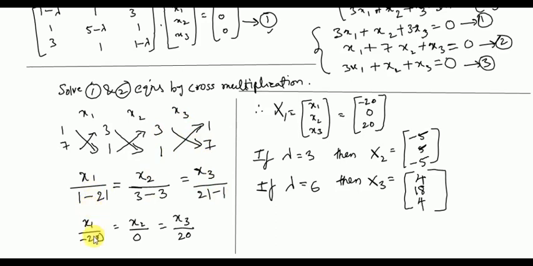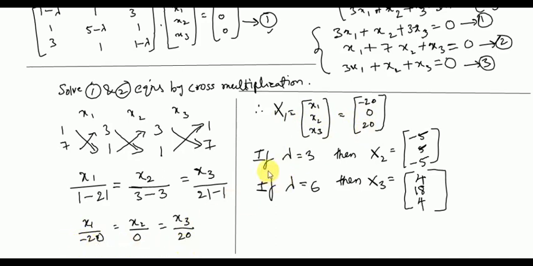These are the values after solving the denominators. We can directly take these values as x1, x2, x3. That is, eigenvector x1 is minus 20, 0 and 20. The denominators are the values.